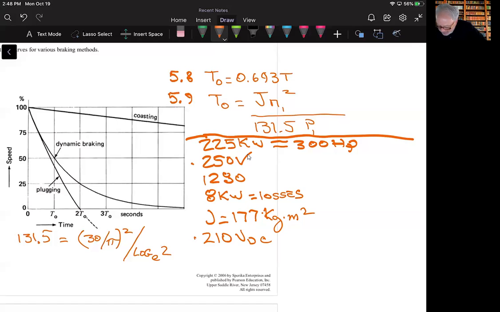So it says that in this particular situation that we're going to work with, it's connected to a 210 volt source, and its speed is 1280 RPMs just before the armature is switched to the braking resistor, which has a value of 0.2 ohms.